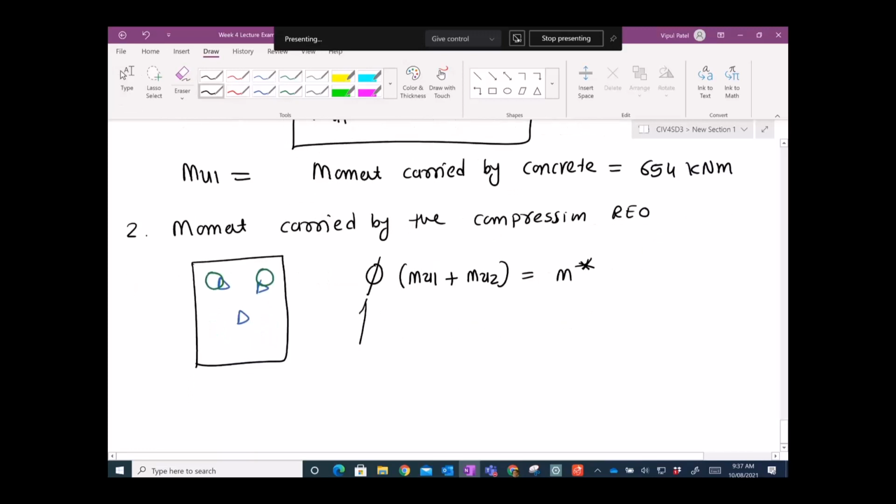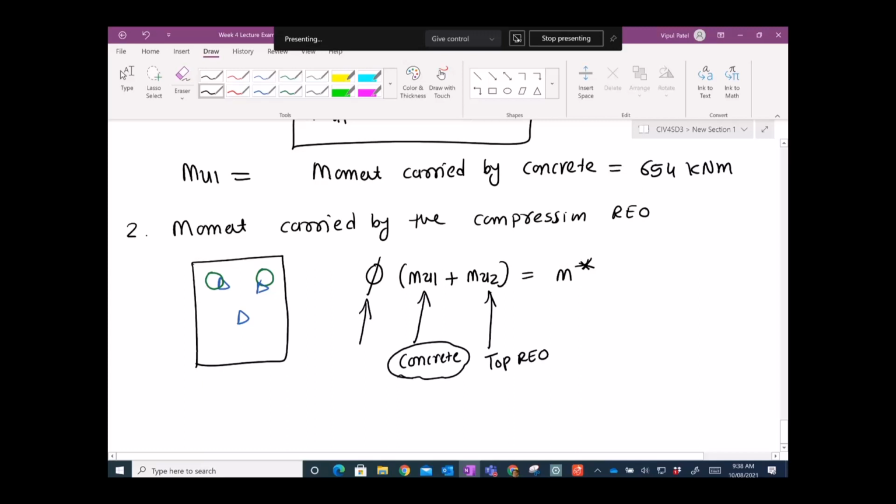This is the reduction factor, this is the moment carried by the concrete, and this is the moment carried by the top reo. You might ask what happens to the bottom reo. It will come, but let's work it out with only two components at the moment, the concrete and the steel.